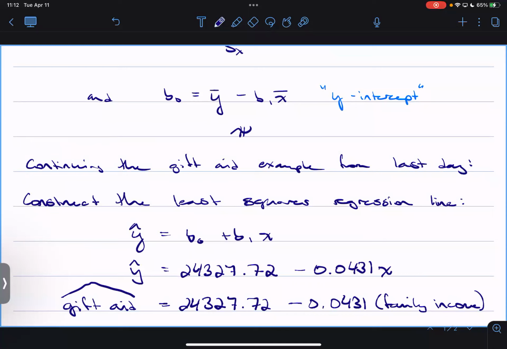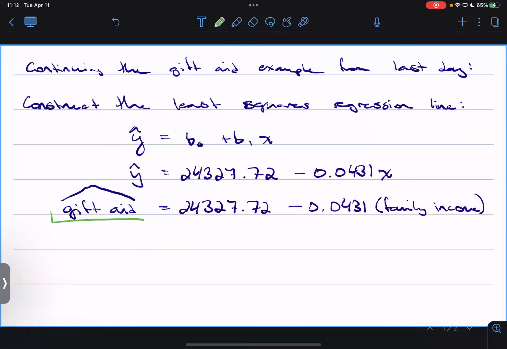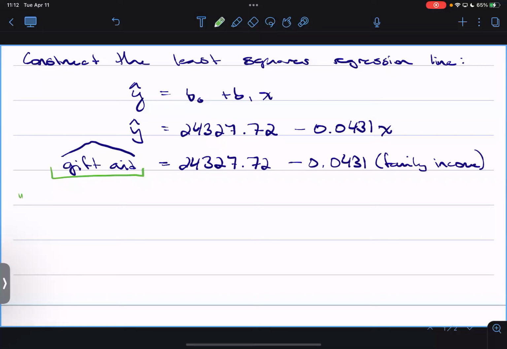The main goal of constructing this regression model, right, is to be able to predict future values of y. So here, this is the predicted gift aid.